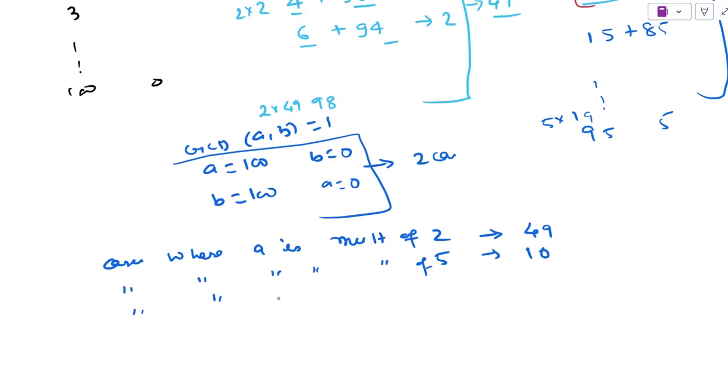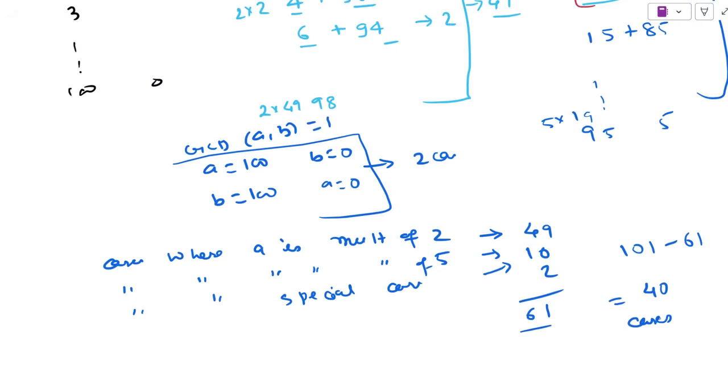Where a is 100 and b is 0, or a is 0 and b is 100, those special cases: 2 cases. So how many cases got removed? 61 cases got removed out of 101. 101 minus 61, so 40 cases will be there where a and b are coprime. They will not have a factor common other than 1.